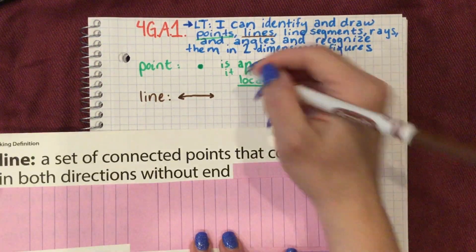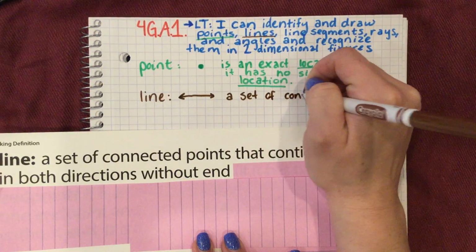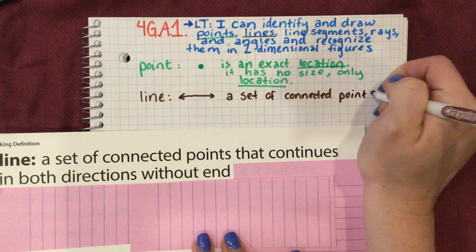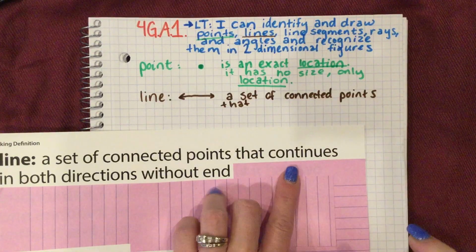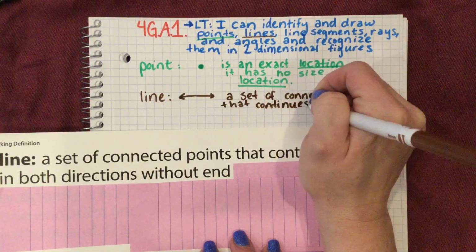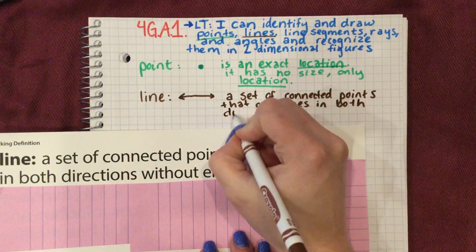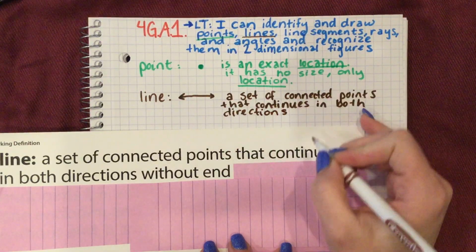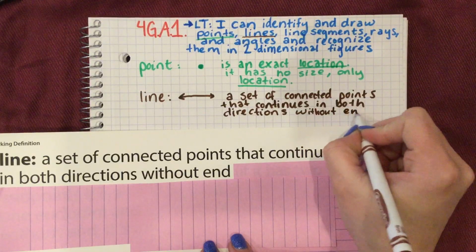A line is just a set of connected points that continues in both directions without end.